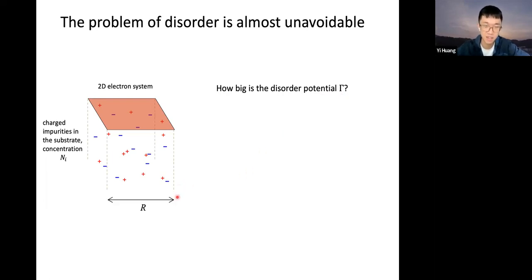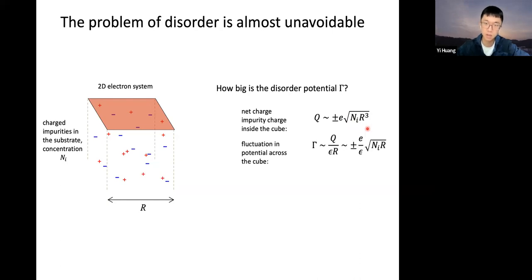To calculate that, it's actually a simple exercise of Gauss's law. You need to know the total number of charges inside a Gaussian cube of size R. You calculate the net charge of impurity charge inside this cube. On average, it's equal to 0, but it has some fluctuations, and the fluctuation is proportional to the square root of the total charge inside it. The total charge is n R cubed, so the fluctuation is the square root of n R cubed.